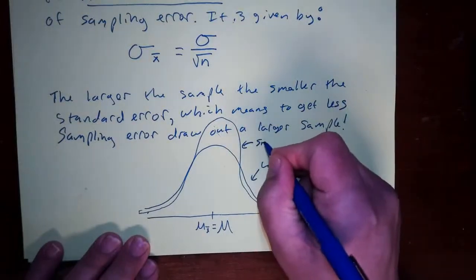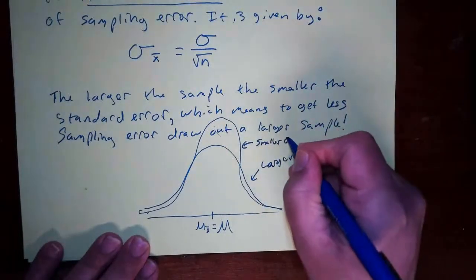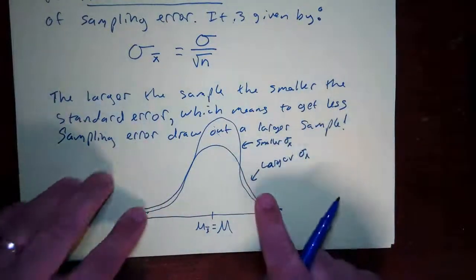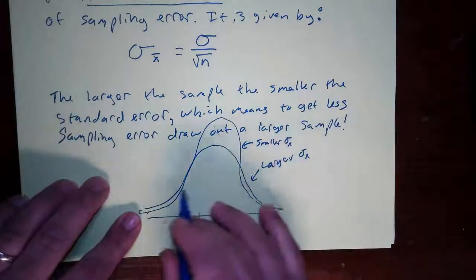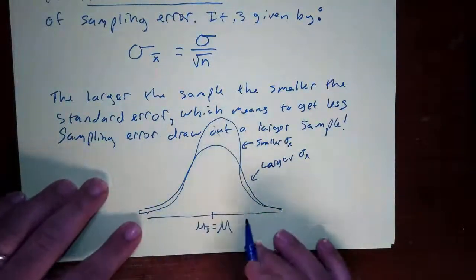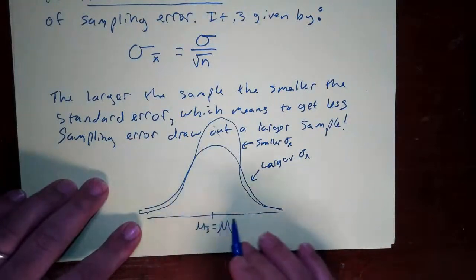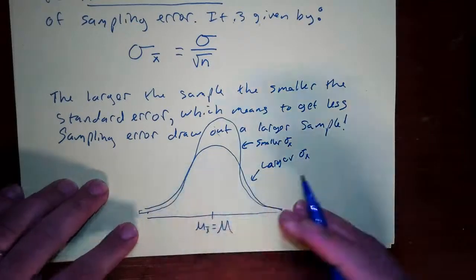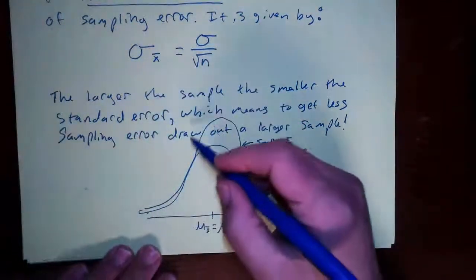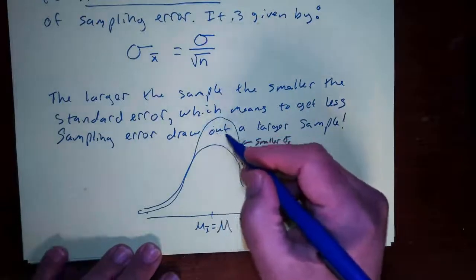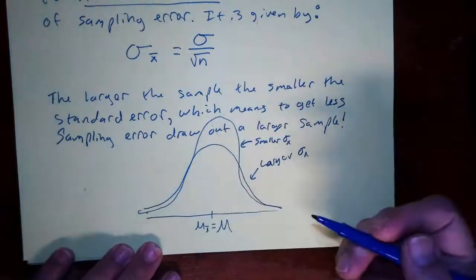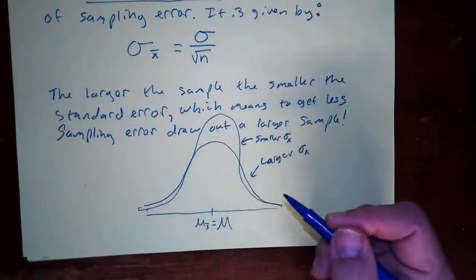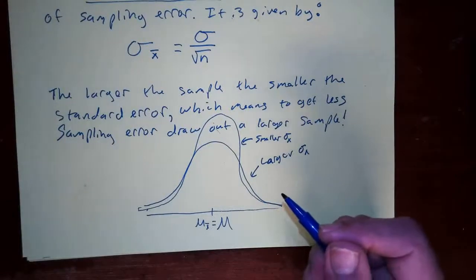This one would have a smaller standard error. If it's more spread out, that means your standard error is larger, and the sample means could be all over the place. You would be more likely to pick a sample mean that's far away from the mean of the population. You're going to have more sampling error. But if this thing is all scrunched up around the mean, then most of your sample means are going to be close to the mean of the population. You'll have less sampling error.